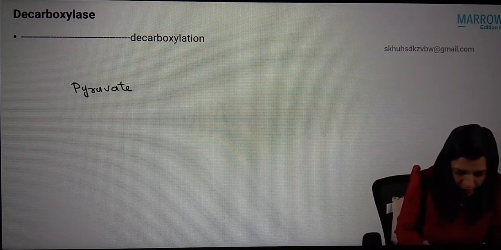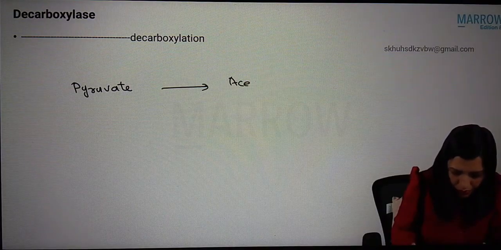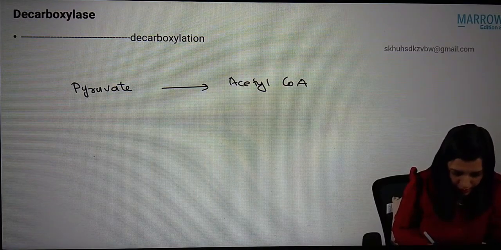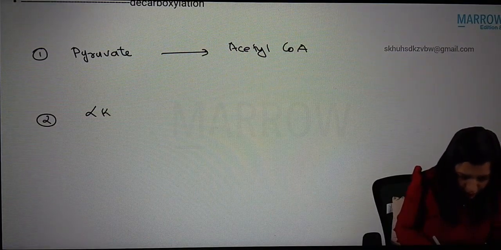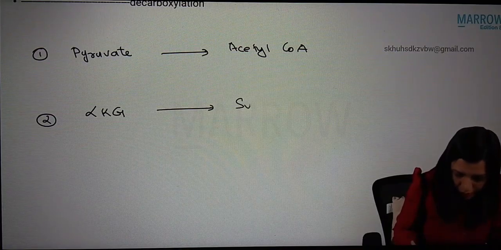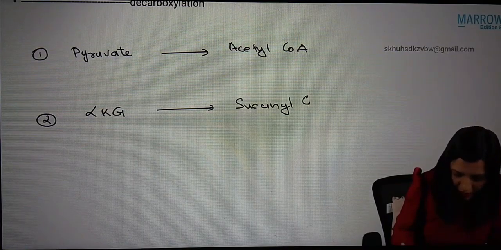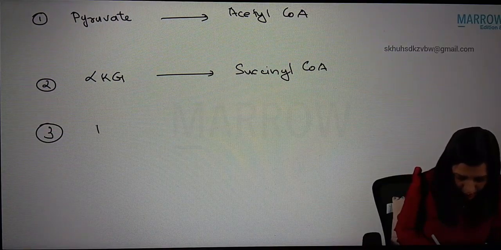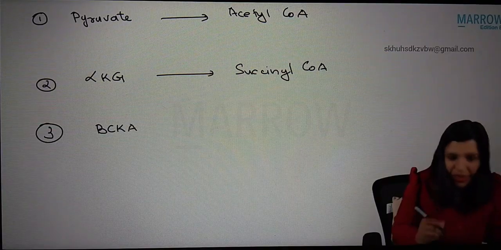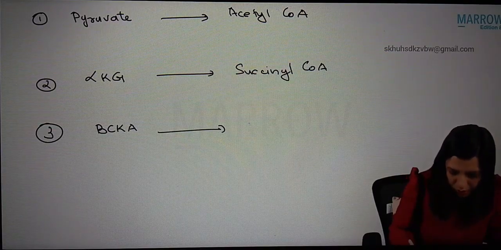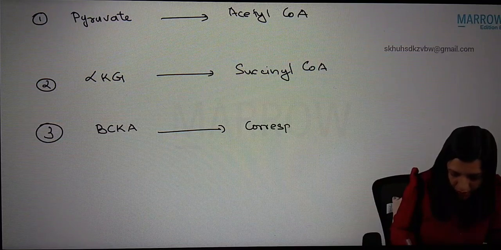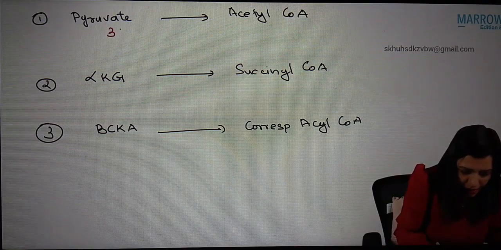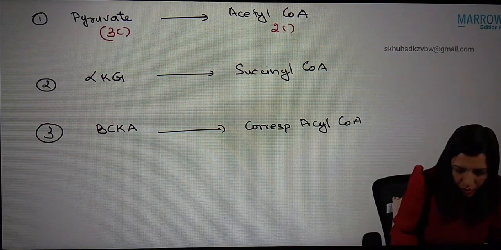Pyruvate is converted to acetyl coenzyme A. Another one is alpha ketoglutarate converted to succinyl coenzyme A. The third example is branched chain keto acid, converted to its corresponding acyl coenzyme A. In all these reactions, if this is a 3-carbon compound, this is a 2-carbon compound.